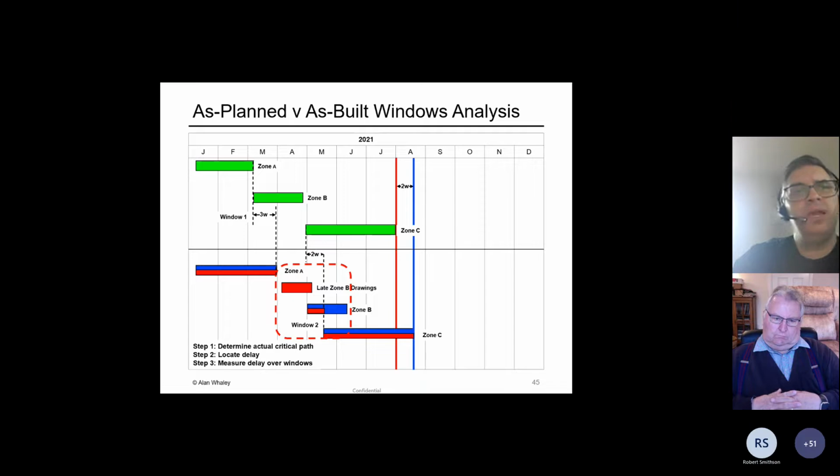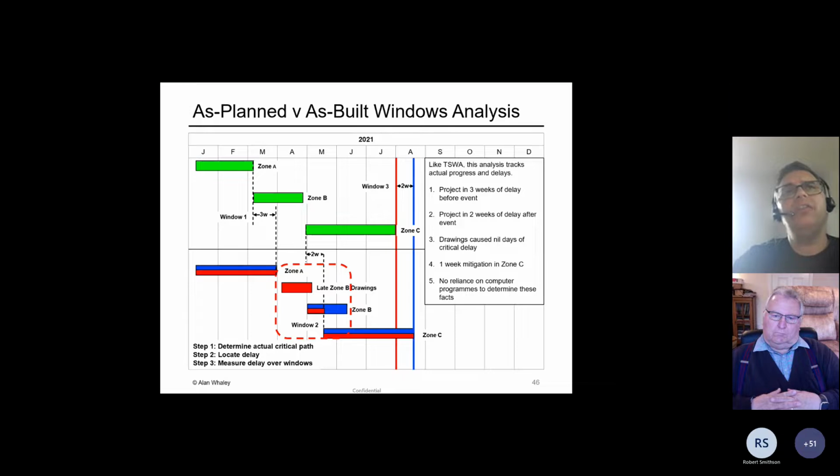So a contractor trying to make a delay claim, an EOT on a time impact analysis, might have made the wrong claim here. They should actually be trying to make a mitigation claim, because they have done a good job and mitigated the delay in this scenario. So at the end, the project's still in 2 weeks of delay. We don't have to use any software modeling for this.